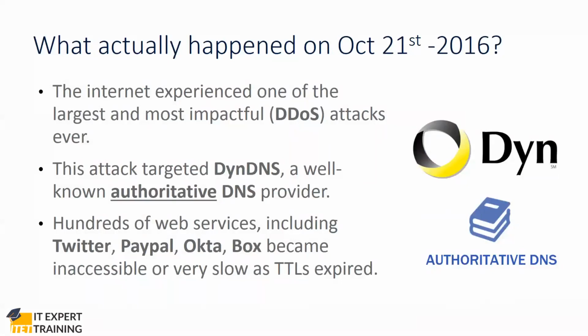Okay, so hundreds of web services hosted with this particular company, including Twitter, PayPal, and Box, became inaccessible or very slow as TTL expired. It also affected Amazon, CNN, HBO, the New York Times, Speedtest, which we use to do internet tests, and Twitter and WhatsApp. So that happened in 2016. So why did it happen?